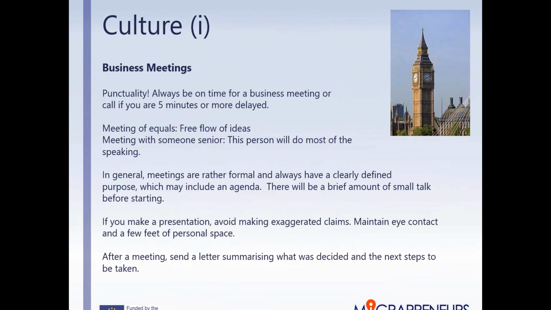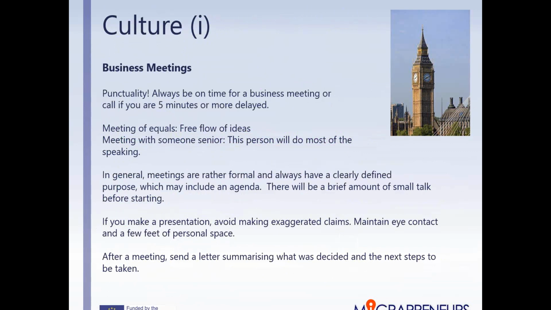In terms of meeting with people, it tends to be different depending on different situations. If you are meeting an equal on a more one-to-one basis, the meeting will tend to be more informal. But if it's a more senior person, or if you are meeting with a board of people, for example, in a group, that might be more formal, and they would generally have a very clear purpose for that meeting, and probably an agenda would be shared in advance.